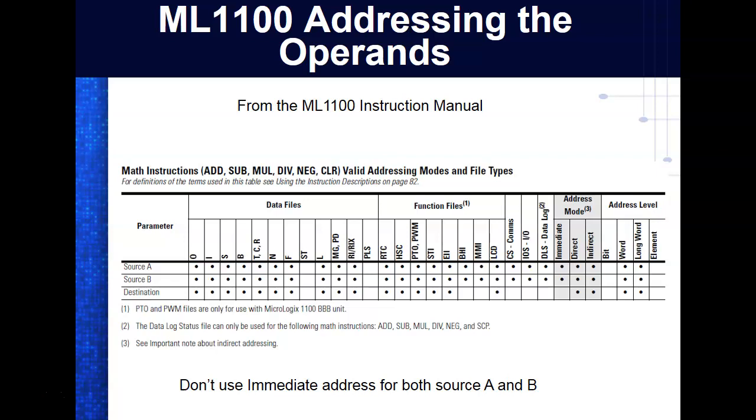It could come from the control register, the integer register, the floating point register. And we haven't gotten into the messages yet. It could come from your real-time clock, which we did talk about. All of these we have access to. We can address them directly and bring them into a math instruction.